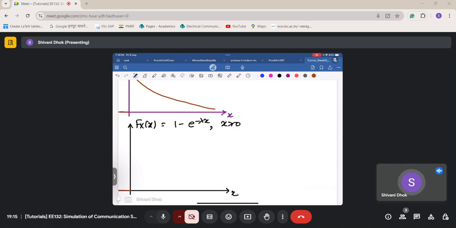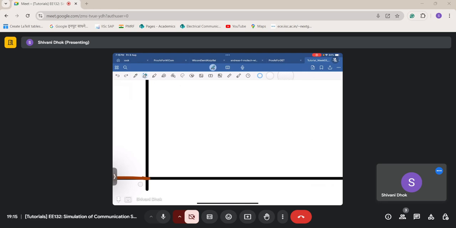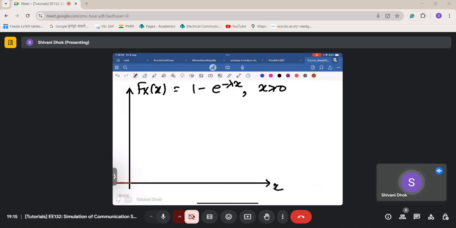Till this point it is 0, and at x equal to 0 it is 0, and then it increases like this and slowly starts saturating.